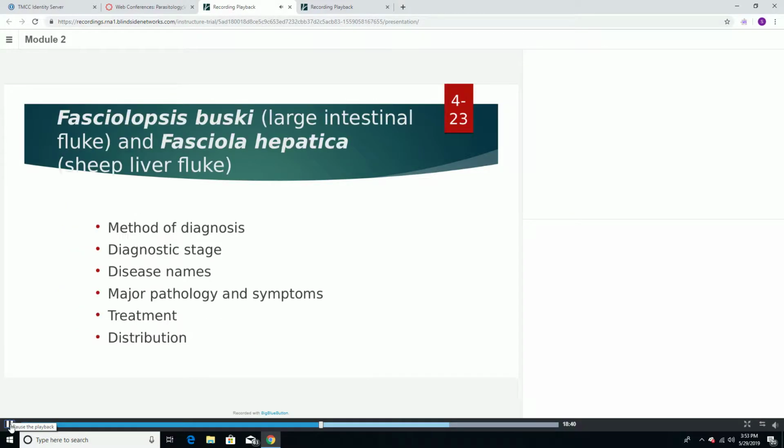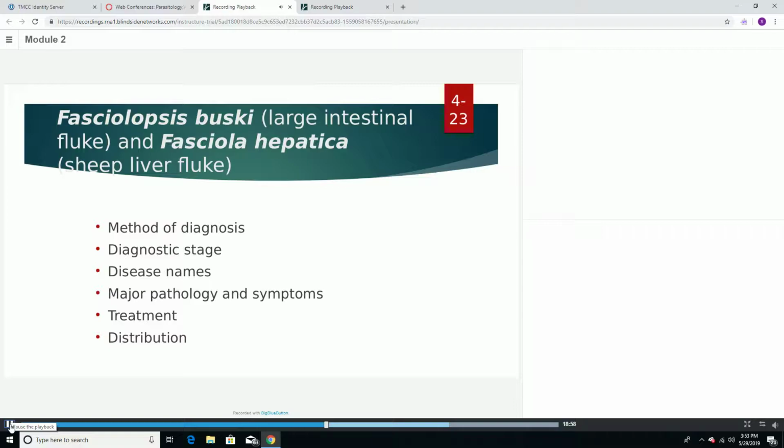So let's just jump right into the organisms here. The first group of parasites we're going to cover are Fasciolopsis buski, which is also known as the large intestinal fluke, and Fasciola hepatica, which is known as the sheep liver fluke.